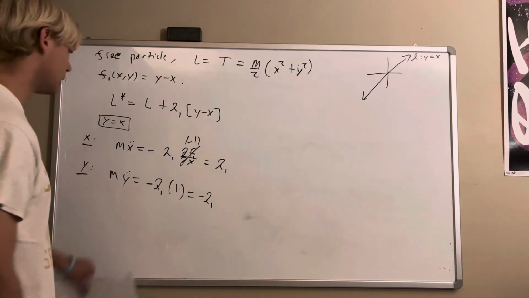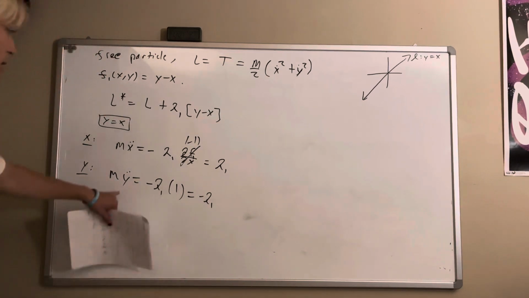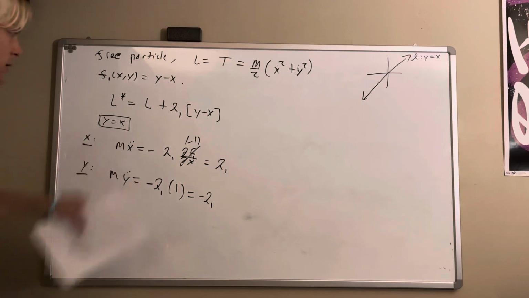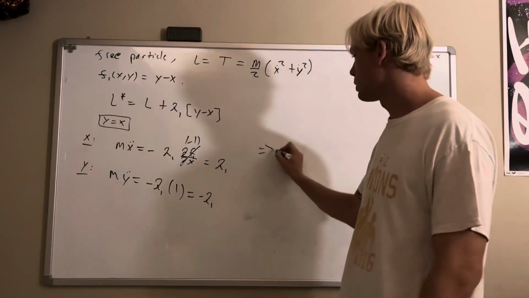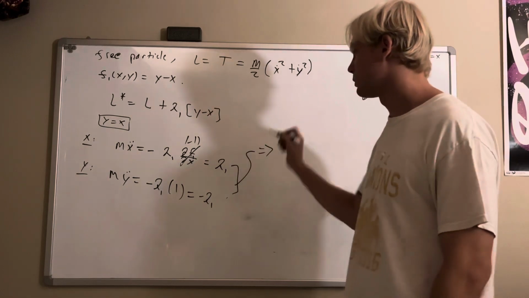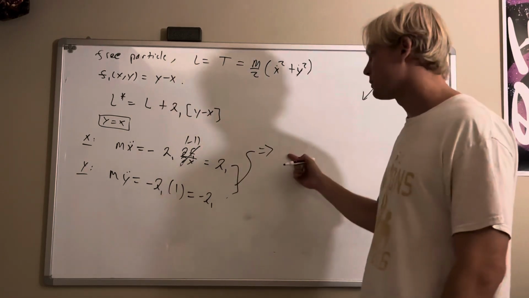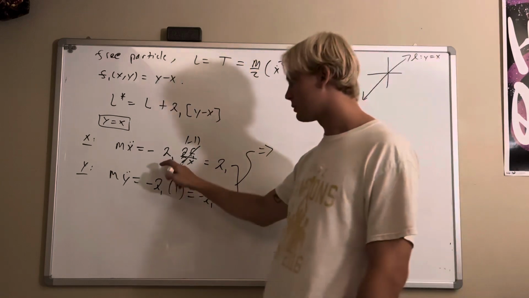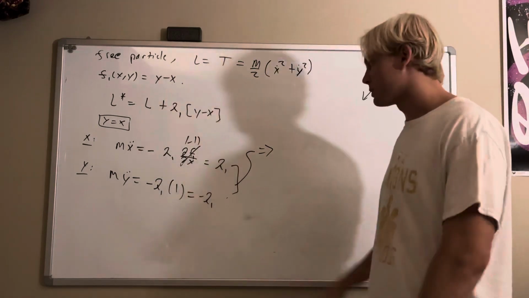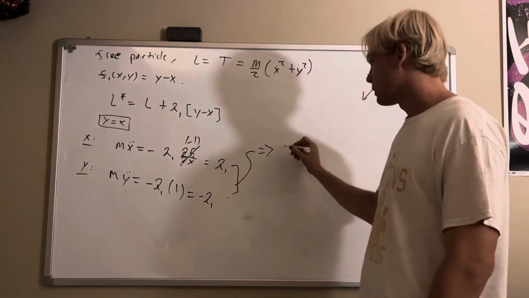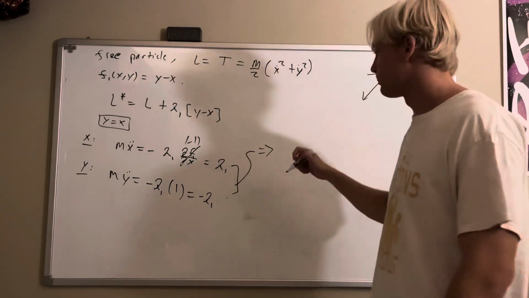So, like I said earlier, we want to try to go as far as we can with this and then use the constraint. So, these two, what do they give you? You try to solve for lambda and then plug in the one into the other. It doesn't matter which way, you're gonna get to the same conclusion.